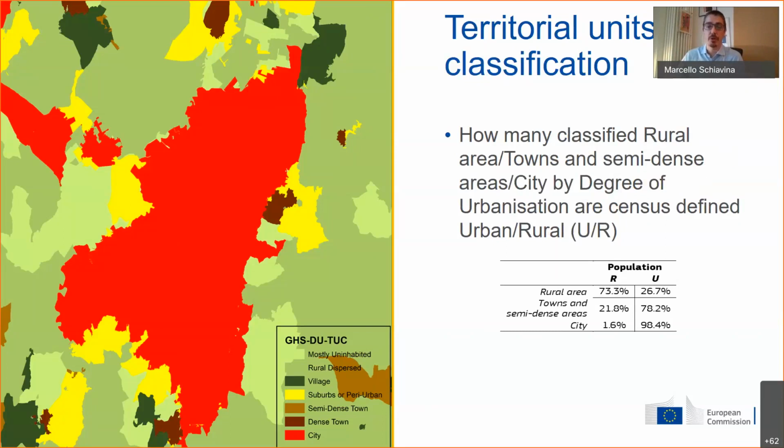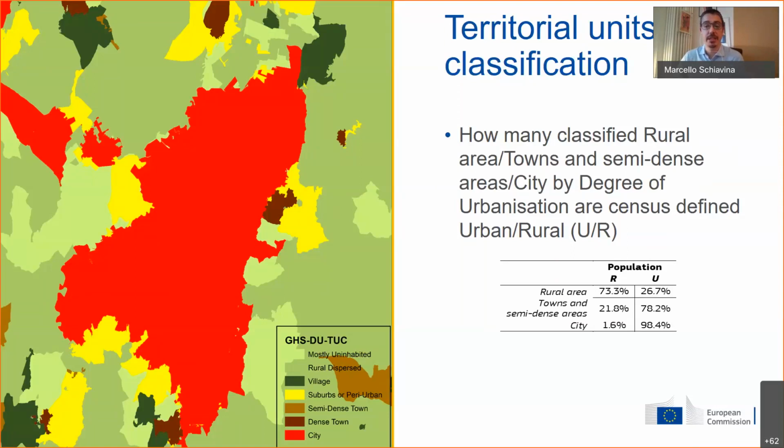The highest match is for population living in cities. More than 98% of this population is living in units already classified as urban. Still a good match also in rural, with 73% of population living in areas classified rural that were already identified at national level as rural population.